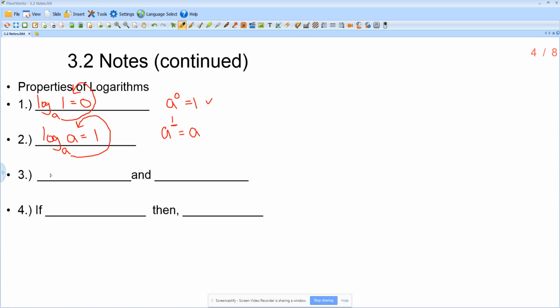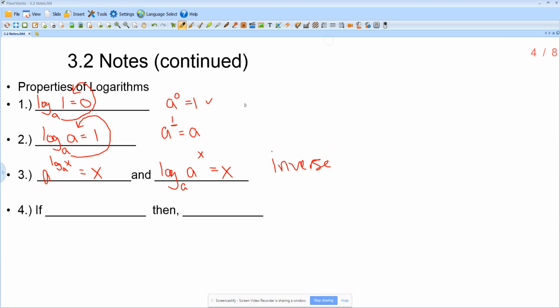Next, if I have a to the power of log base a of x, what I get is just x. And in that same way, log base a of a to the power of x is equal to x. Both of these are just using the fact that these are inverses.